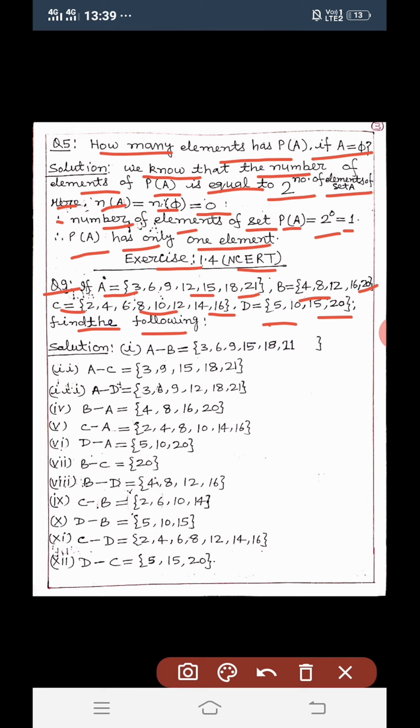First, A minus B. Dear students, A minus B means from set A we subtract those elements of B which are in set A also.